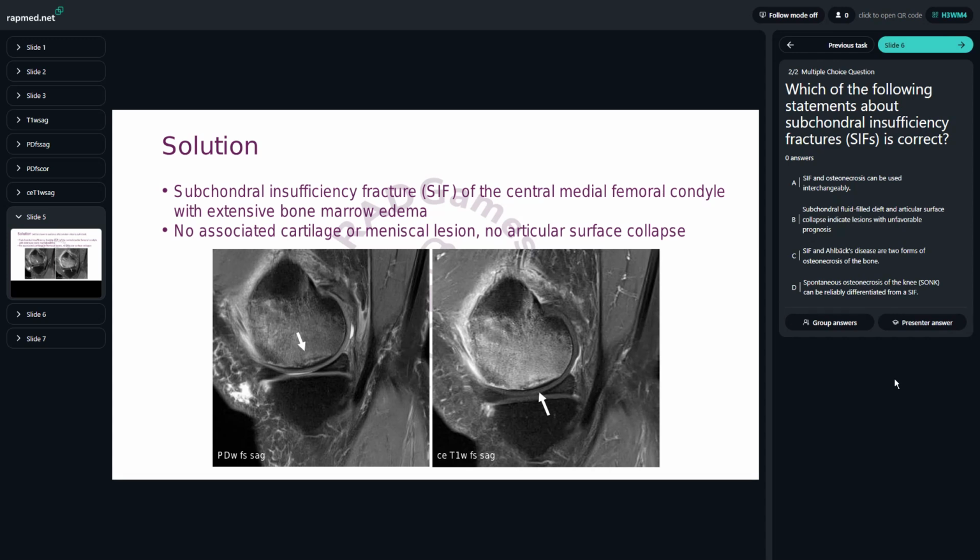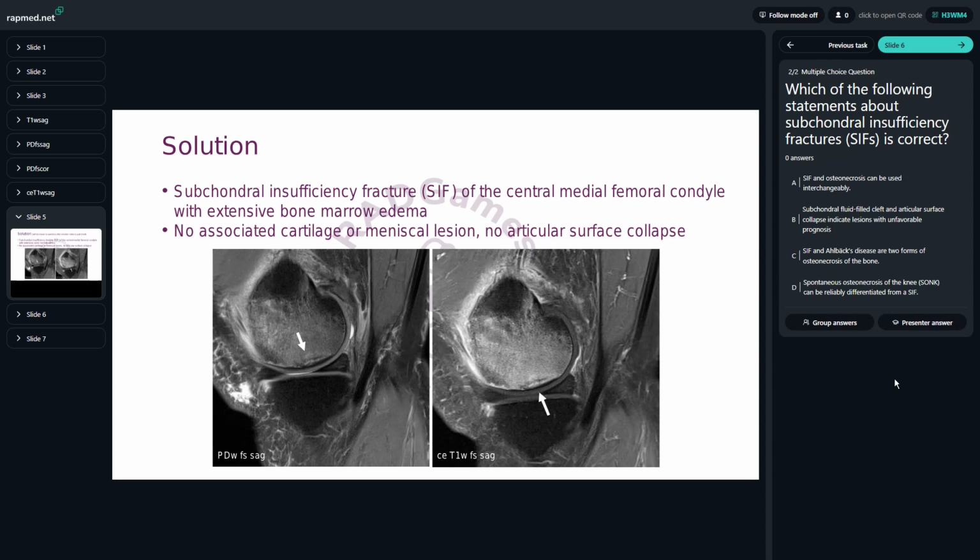Which of the following statements is correct about subchondral insufficiency fractures? Can SIF and osteonecrosis be used interchangeably? The subchondral fluid-filled cleft and articular surface collapse indicate lesions with unfavorable prognosis. Subchondral insufficiency fractures and Albrecht's disease are two forms of osteonecrosis of the bone.